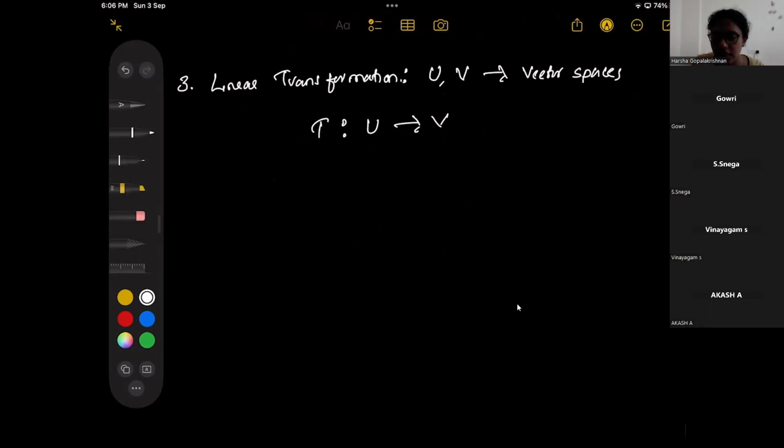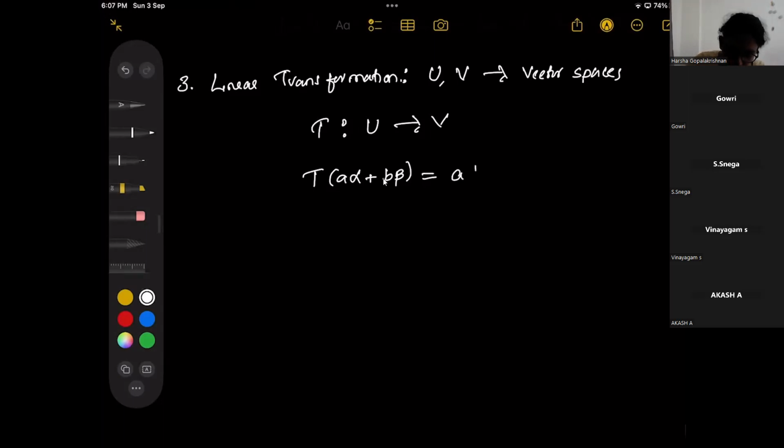T of a alpha plus b beta, where alpha, beta belong to U. T of a alpha plus b beta equal to something, right? Here alpha and beta we are taking as vectors from U, and a and b are scalars.